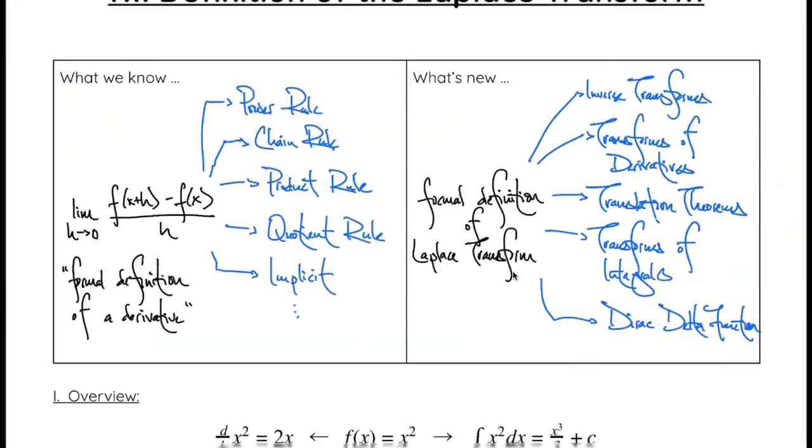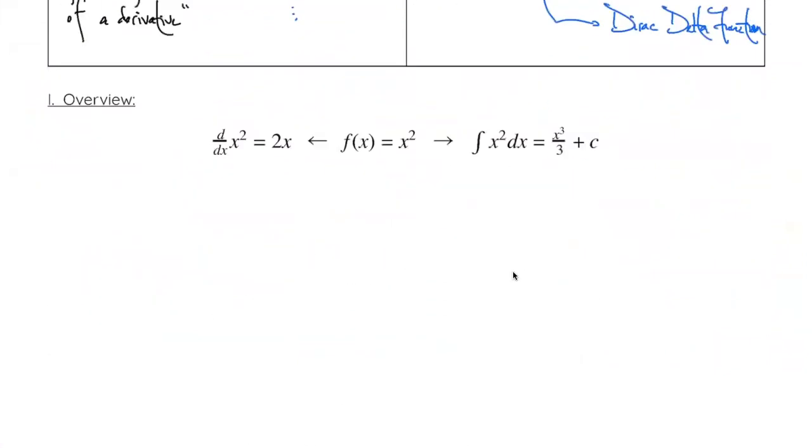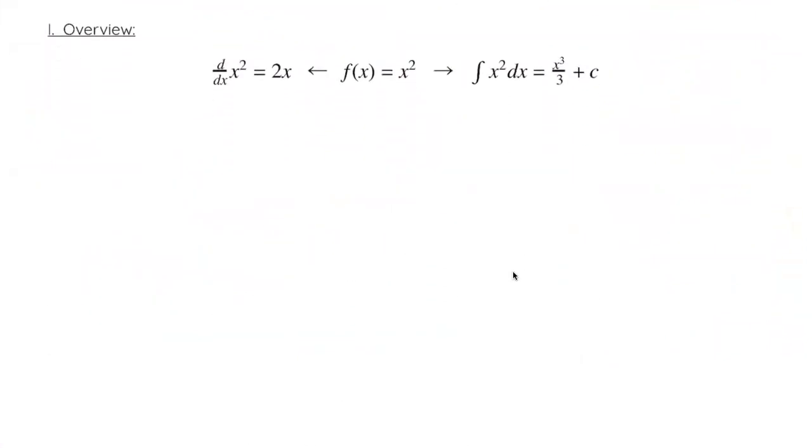All right. So there it is, a brief revisit to your Calc 1 experience and thinking about how what we're learning right now is actually going to be very much in parallel to what you learned before. All right. So the overview of where we're going. Let's say that we have a function, and we'll pick a very simple one for this case, f of x equals x squared.